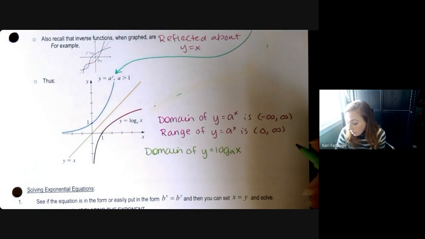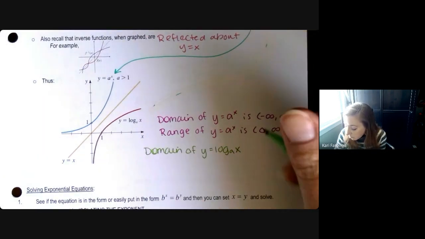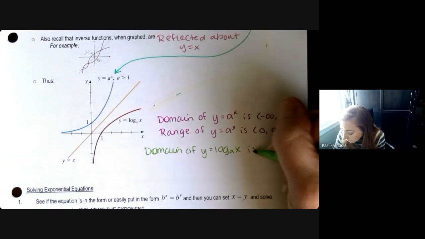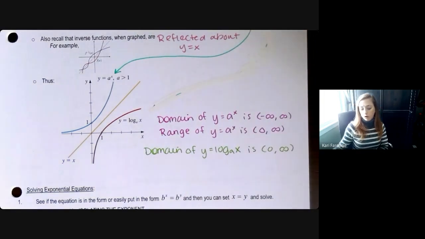Well, in this case, we can only use values of x that are positive. Logarithm isn't defined for values of x that are negative or even 0. So in this case, we would say that the domain of this function is the same as the range for y equals a to the x. It's from 0 to infinity.